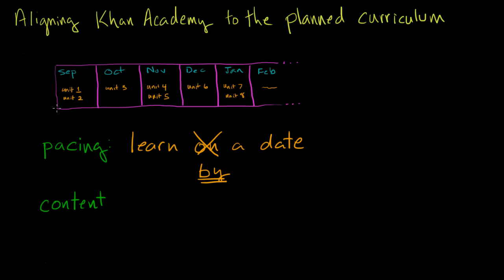So what that means is, as a teacher, you would still go through the units and the pacing that you expected to cover, but instead of teaching everybody Unit 3 on October 2nd, what you would actually do is look at the Khan Academy dashboard of which students have mastered what, and identify which students have not mastered Unit 3 by that point in time.